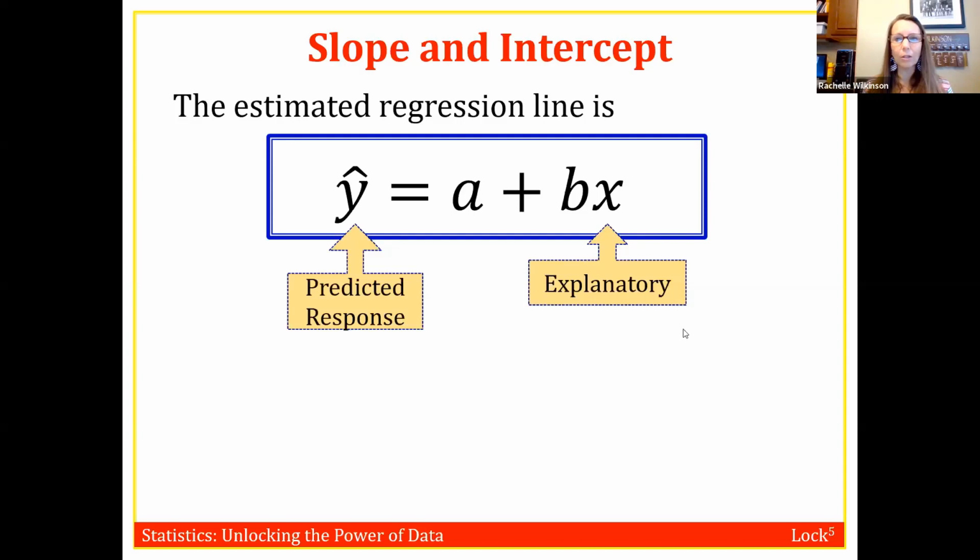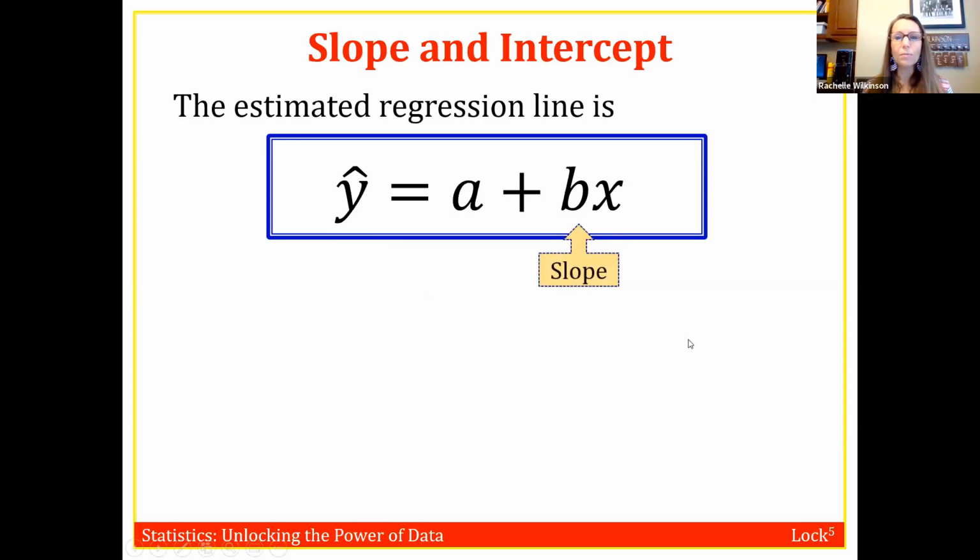So let's break down a little bit more what the a and the b are. So the b is going to be the slope part of our model. And slope is a rate of change. It tells us for every 1 unit increase in x, we expect y to change by b. Okay, a is my intercept. So the intercept value is the value that we would predict for y if x was equal to 0.